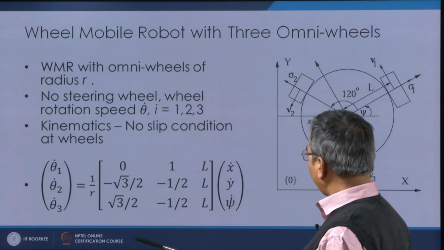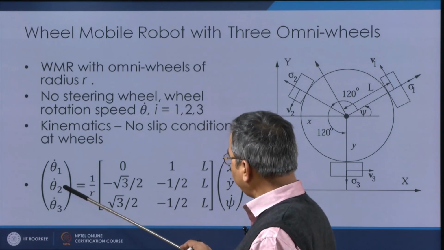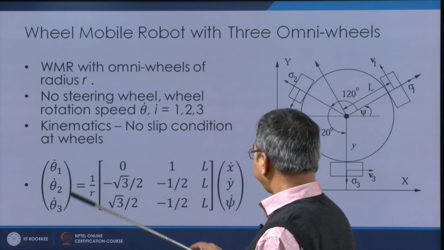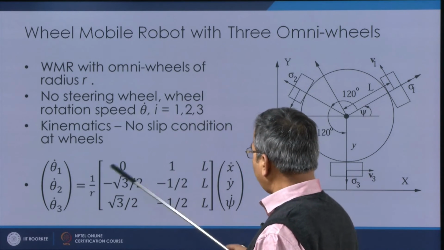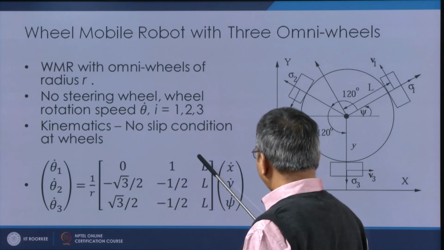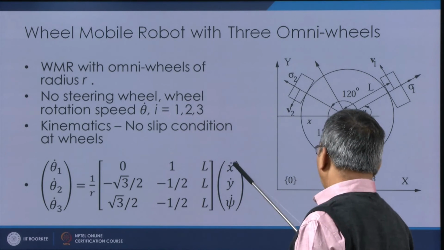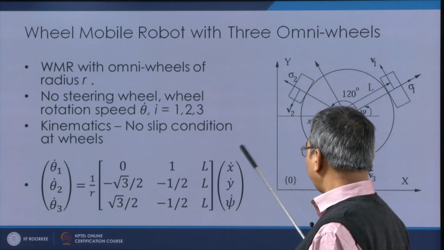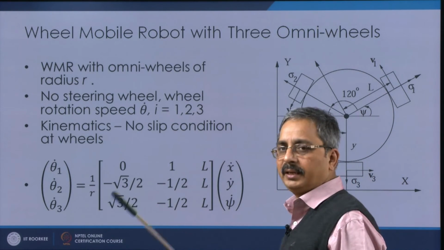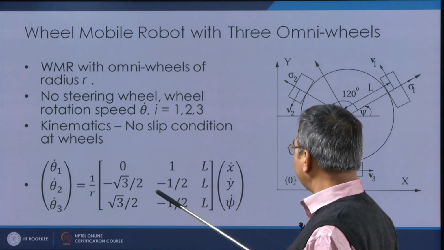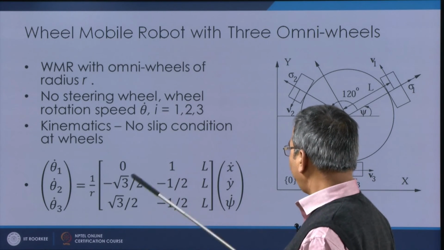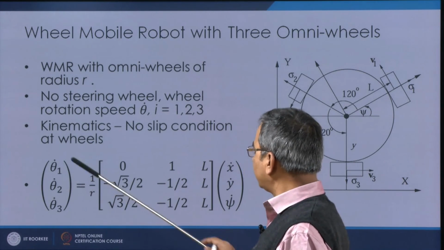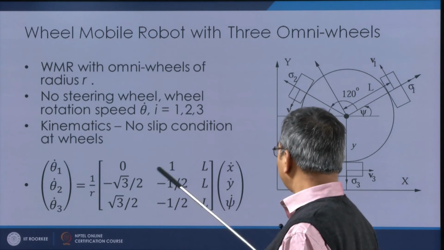We can find out theta 1 derivative, theta 2 derivative, theta 3 derivative, as a certain matrix multiplied by the Cartesian velocity vector. This is somewhat similar to what we have seen in industrial robots, where we had a matrix multiplied by joint velocities and we got the Cartesian velocities.